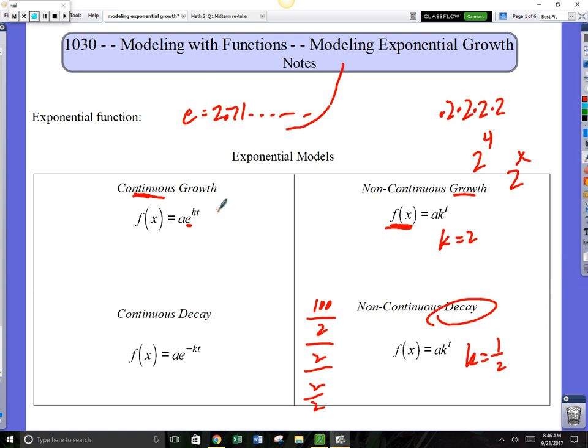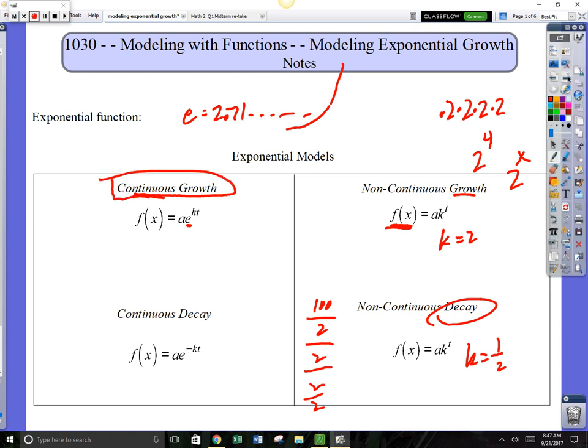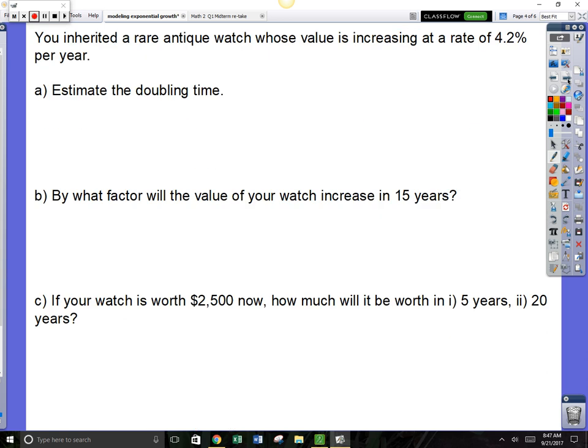There are people constantly, especially in big cities, being born and dying every day. You could have hundreds of births and hundreds of deaths a day, so it's hard to pinpoint an exact moment where it grows. So it's more of a continuous growth, and we're going to use the continuous model.